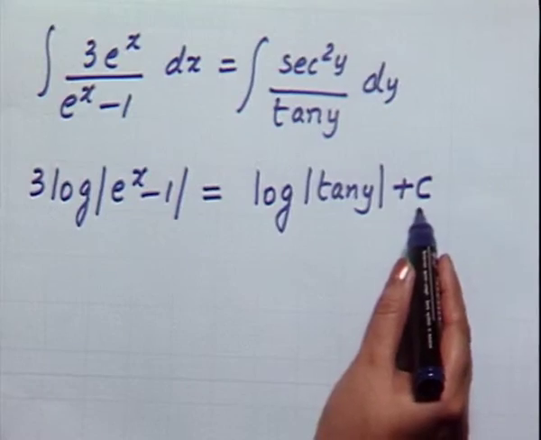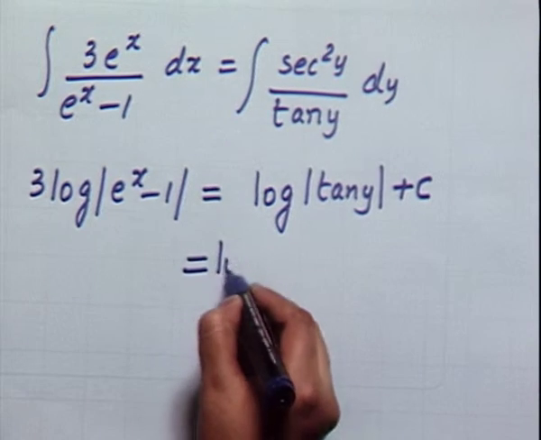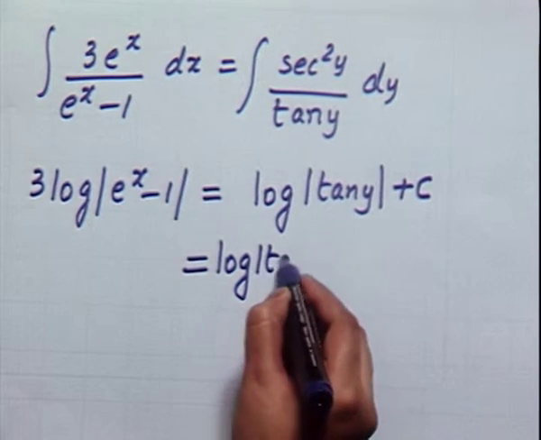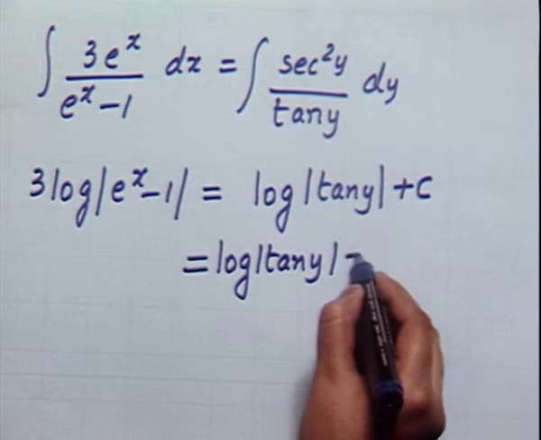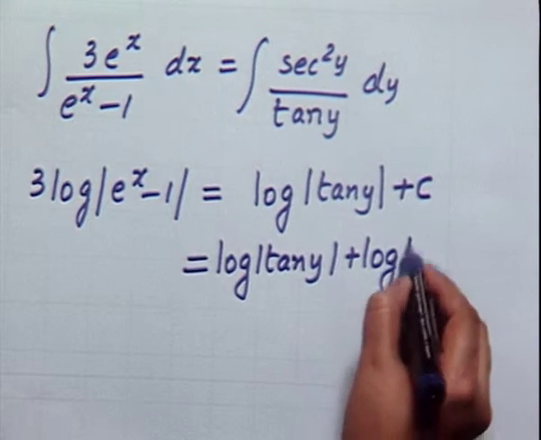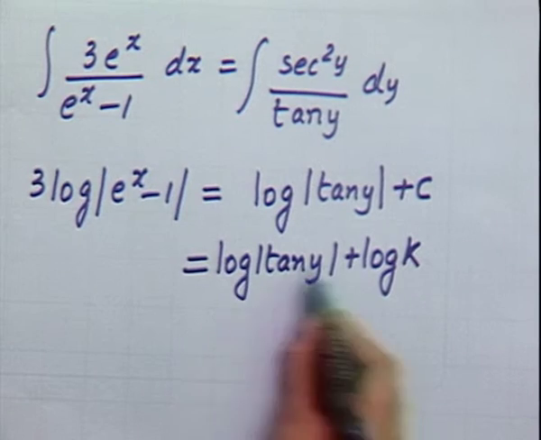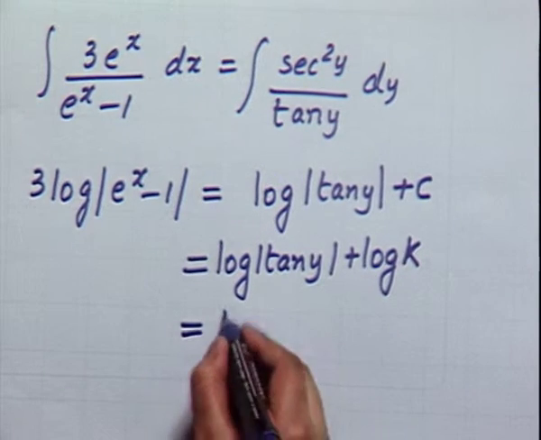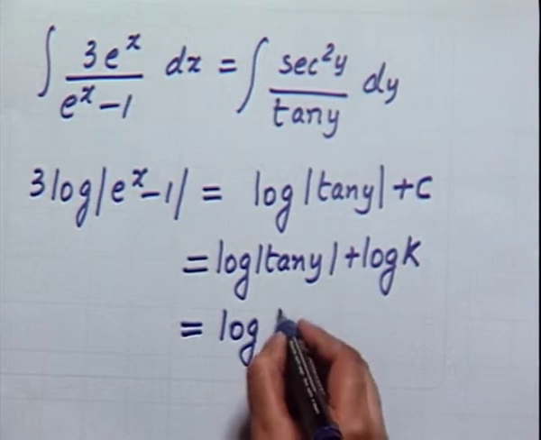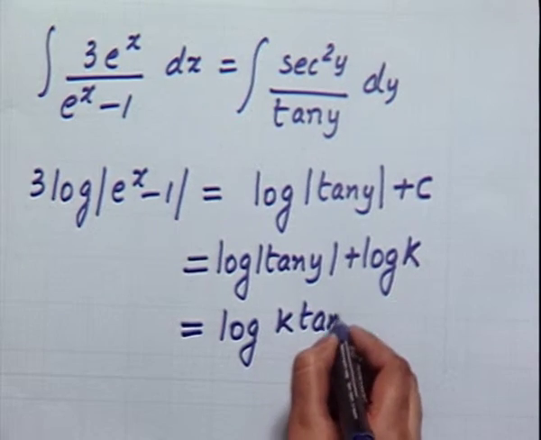Now, in some of the questions, it is quite possible to absorb this constant of integration and the log that is appearing throughout and remove the log ultimately. So, what we can do here is, since this is only a constant, it can always be written as log of a certain constant number. So, I can write it as plus log of, say, the constant k. These two terms using the properties of log can be combined into k times tan y.